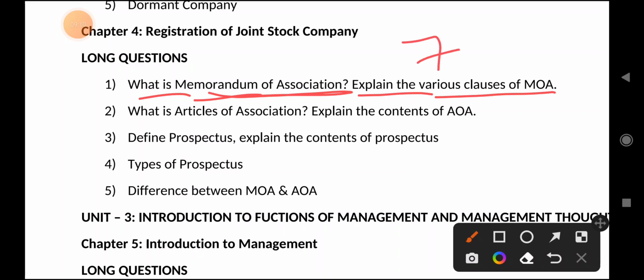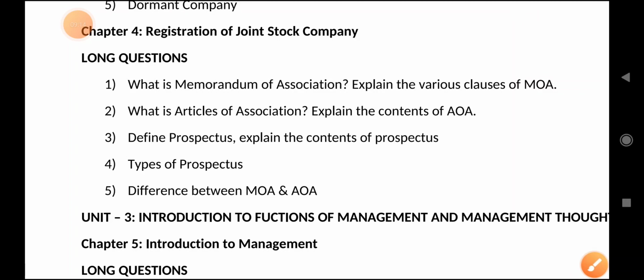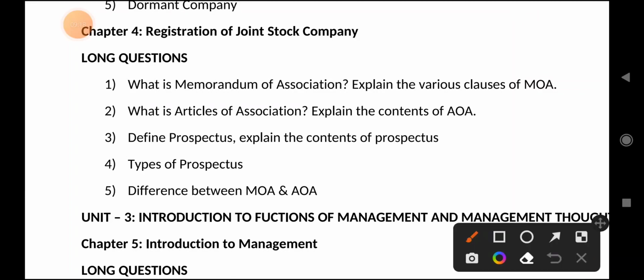Like that, 7 clauses are there for the MOA. Subscription clause, capital clause, and for one person company one more extra clause will be there, nomination clause. So remember that one.